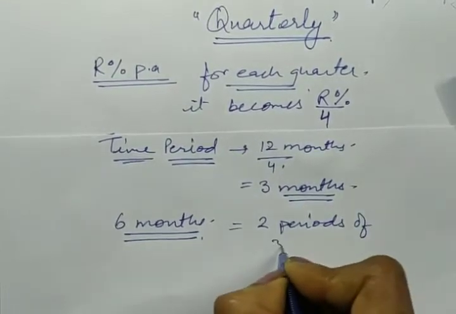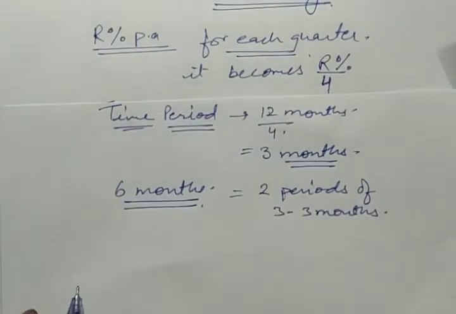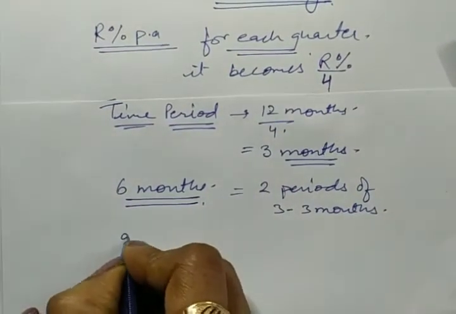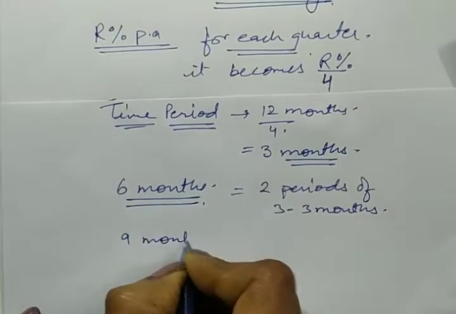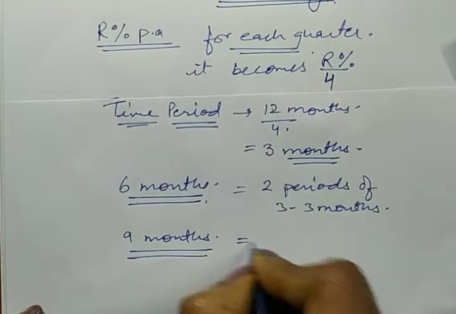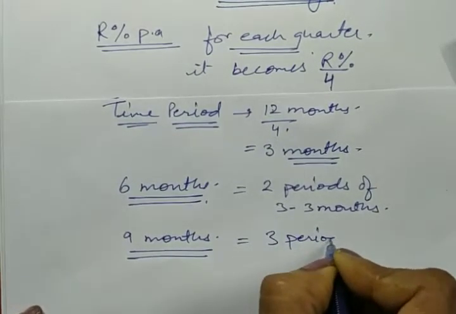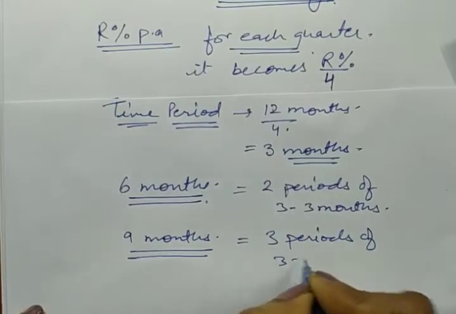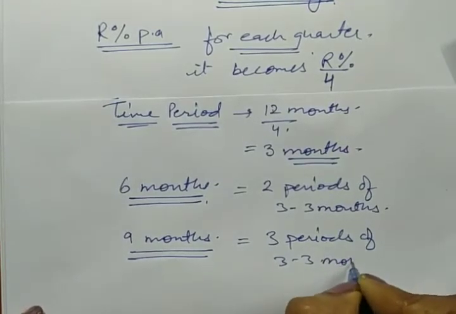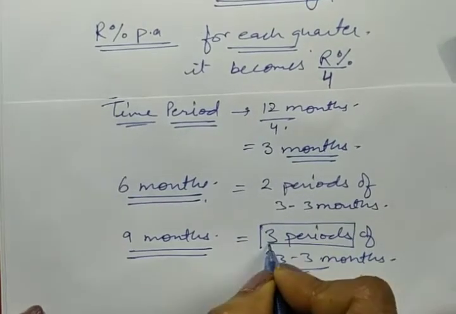Again, if in the question there are 9 months and the interest is compounded quarterly, then there are total 3 periods of 3 months. So there will be 3 periods.